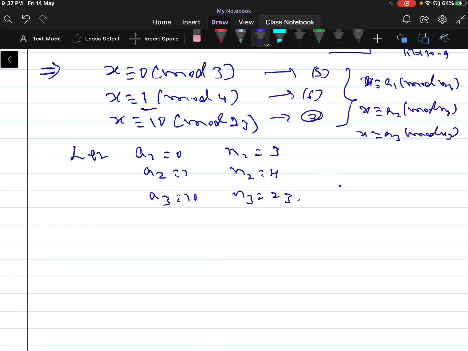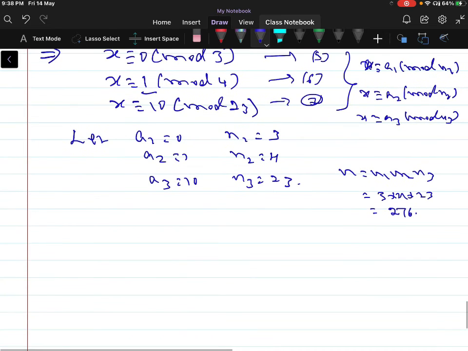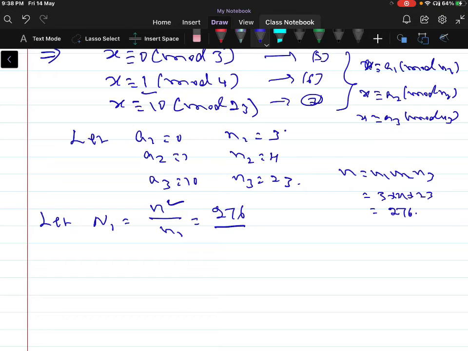Therefore n can be written as n1 into n2 into n3, that is 3 into 4 into 23, which is equal to 276. Now let us define capital N1. N1 is equal to n by n1, where small n is 276 and small n1 is equal to 3 here.